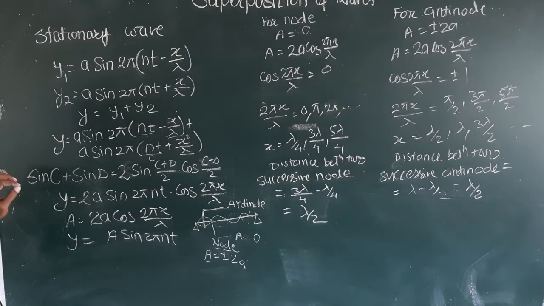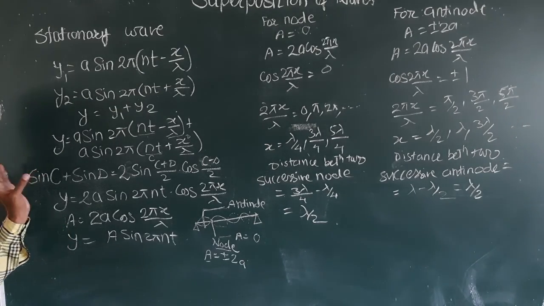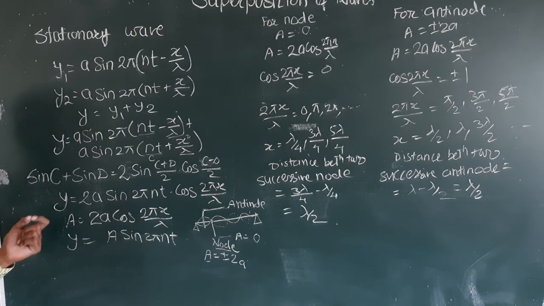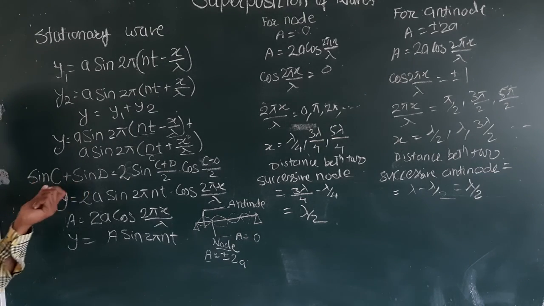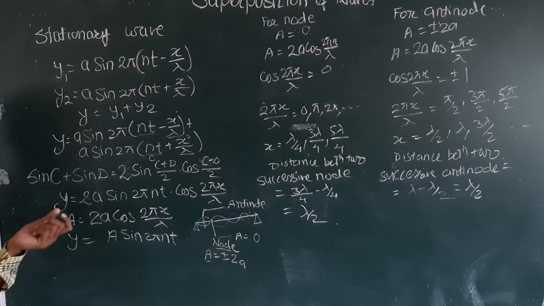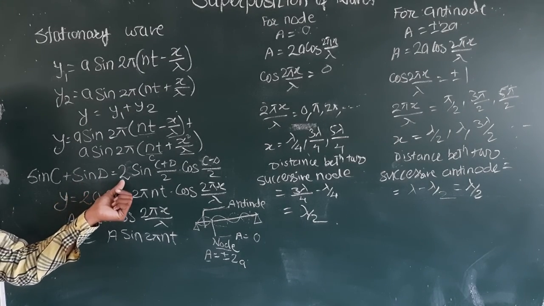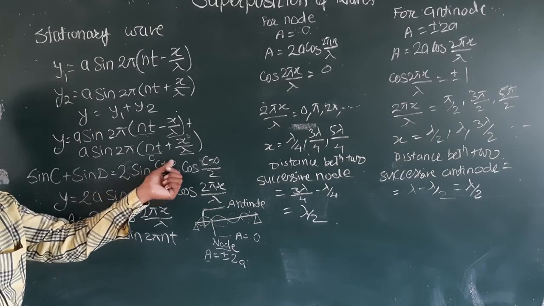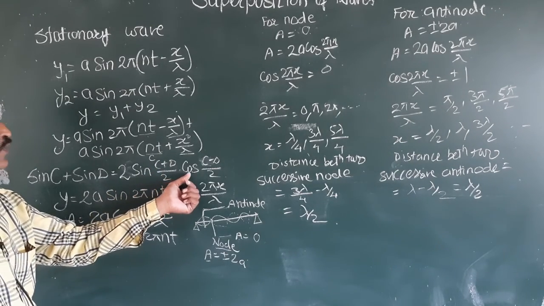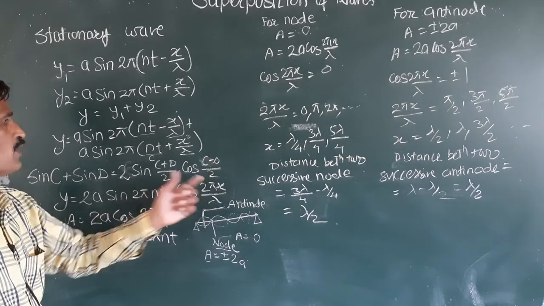Now, we know the trigonometric relation that sin C plus sin D is equal to twice sin (C plus D upon 2) into cos (C minus D upon 2).